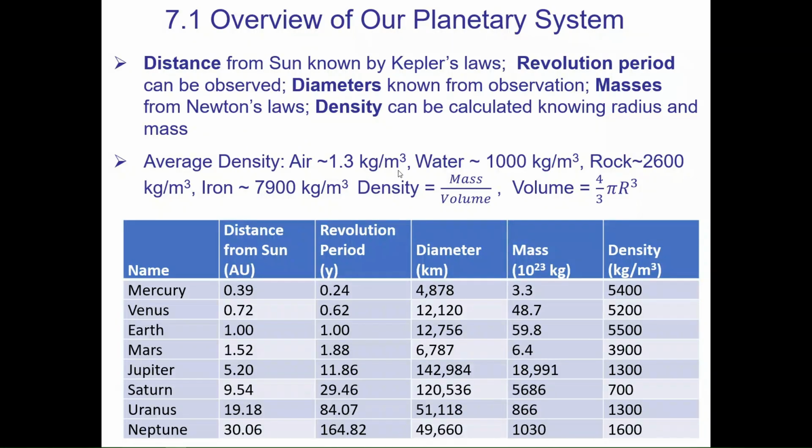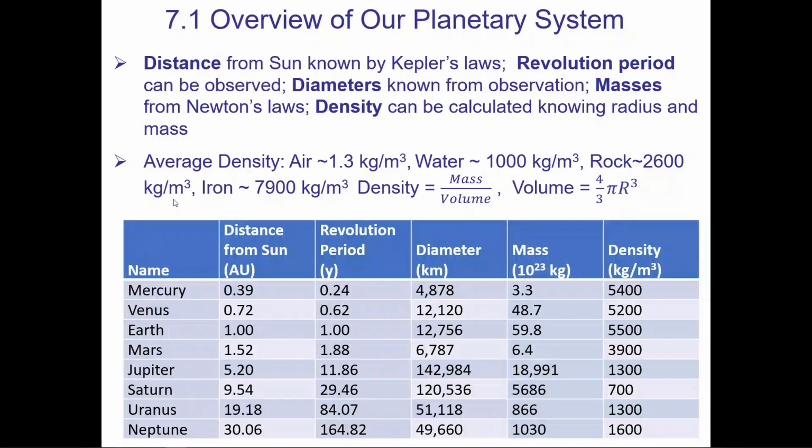Just to give you some reference. The average density of air on the surface of the Earth is about 1.3 kilograms per cubic meter. The density of water is about 1,000 kilograms per cubic meter. Rocky material, although we have different types of rocks, on average is 2,600 kilograms per cubic meter.